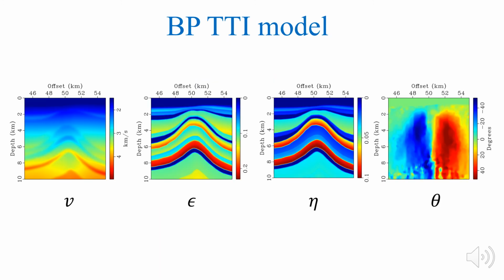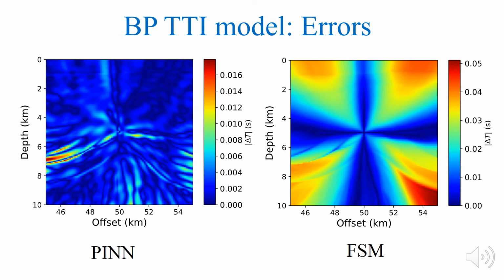All right, now let's test it on a challenging model, which is a portion of the BP TTI model. As you can see, this one has sharp layers and sharply varying tilt angle. Here we see the travel time errors. On the left is the PINN. For most areas it is extremely accurate, whereas what we see here on the left is due to sharp variations in the model.